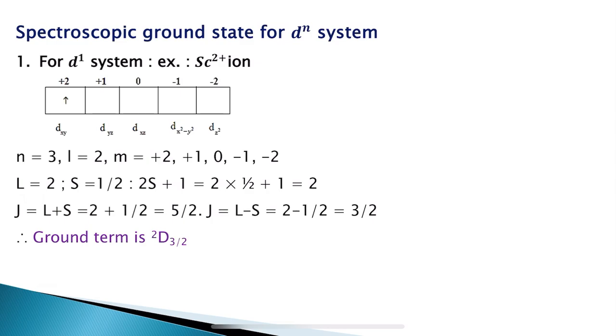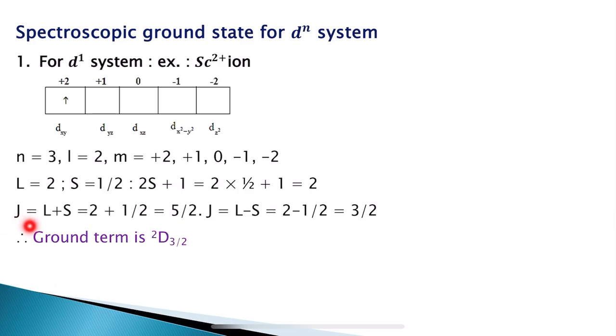So, by adding L1 plus L2, we are going to get the total angular momentum, the L value, which is called the orbital angular momentum. Okay. So, here L is equal to 2 and it will have the spin of 1 by 2. And if it is 2S plus 1, then it will have 2 into half plus 1, which is equal to 2. Okay.